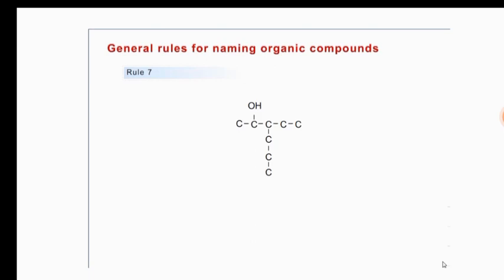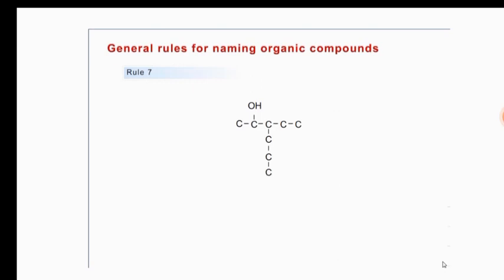7th rule, I have given a carbon skeleton. This is about from which side to number. So the longest possible carbon chain is this. You have to write down this structure in your notebook and try to write down the name for this compound.